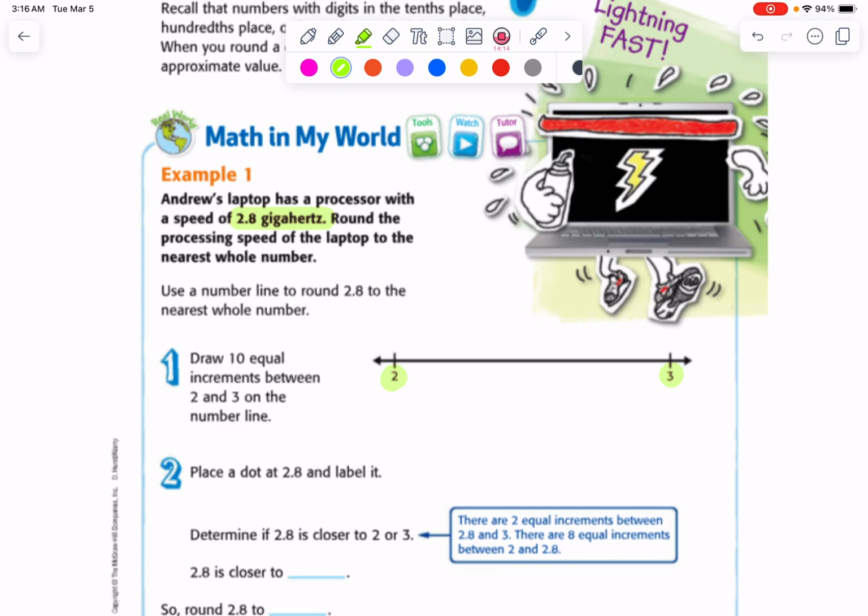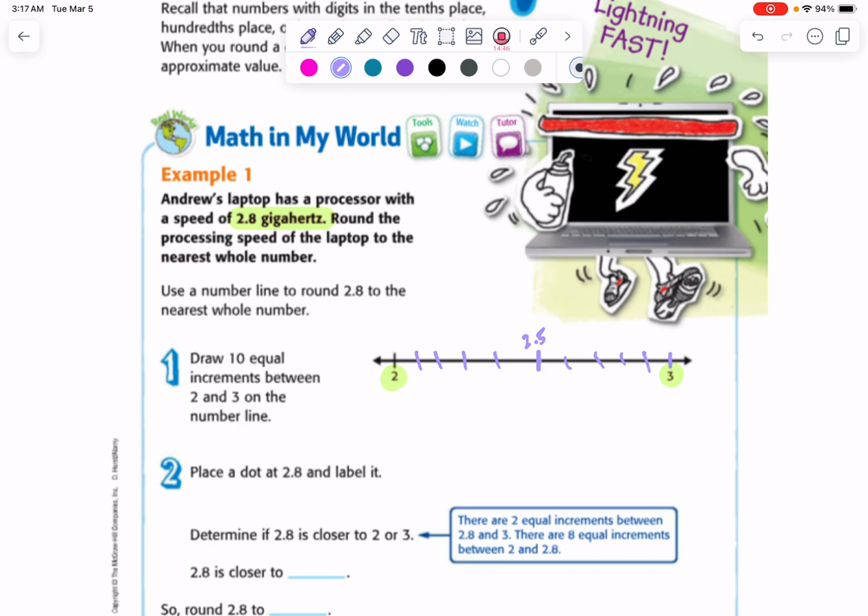So we can do this on a number line if we divide our number line between 2 and 3 into 10 equal parts. So let's go ahead and do that. I'm going to put halfway first. Here is 2.5. Okay? So I can space more evenly. 1, 2, 3, 4, 5, 6, 7, 8, 9, 10.